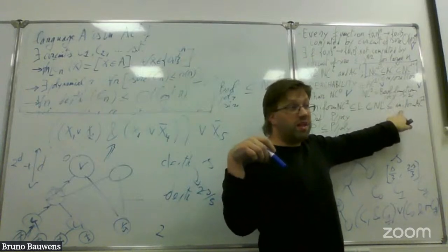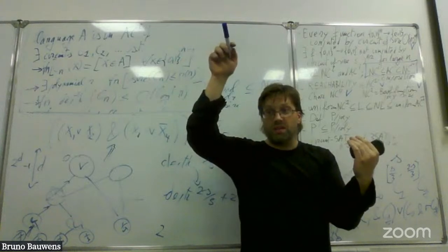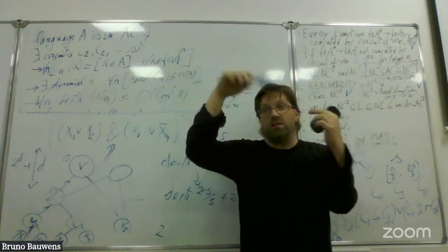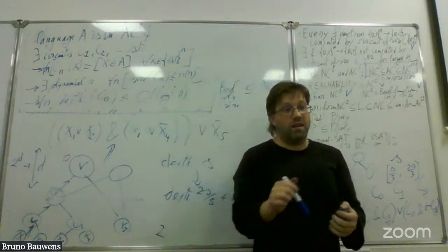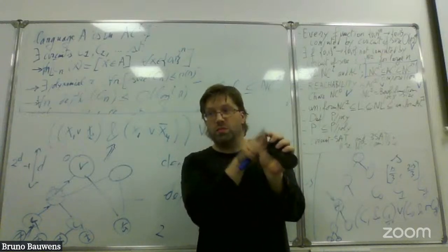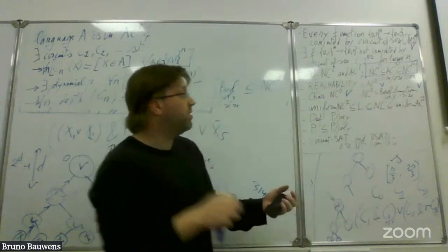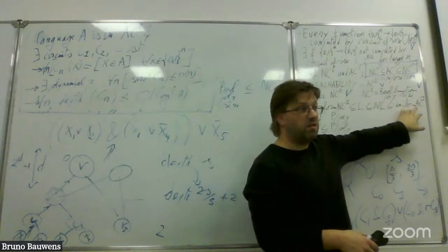And we need to check whether the start configuration goes to an accepting configuration. We talked about configurations, not about nodes. Well, each configuration is a node. And then one configuration is connected to another one if the machine goes in one step to that other configuration. And then we have to check whether we can reach an accepting final configuration.